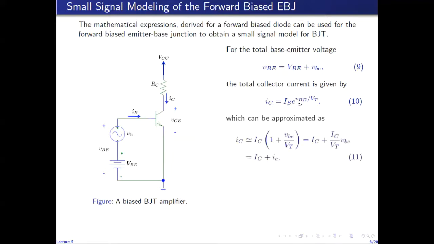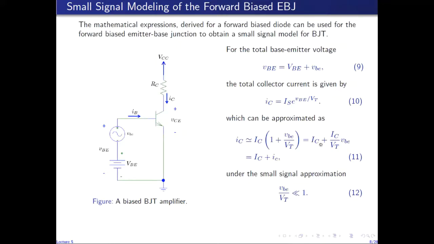So again, writing this VBE as the sum of these two voltages and separating the exponential term corresponding to capital VBE as IC, capital IC, which is the DC current in the output collector branch, and expanding whatever is left through Taylor series and applying this small signal approximation, we can, on exactly the same lines, find an approximate linear relation between IC and VBE, in which the first term is the DC collector current.